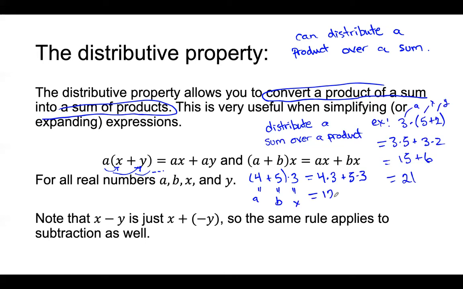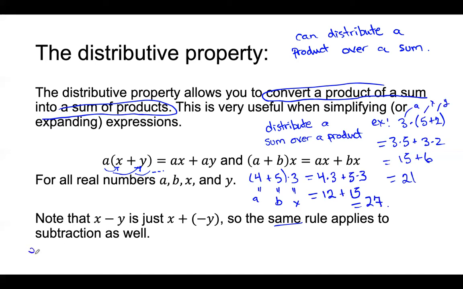So this is 12 plus 15 equals, I think, 27. Now note that X minus Y is the exact same thing as X plus negative Y. So the same rules apply to subtraction as well.